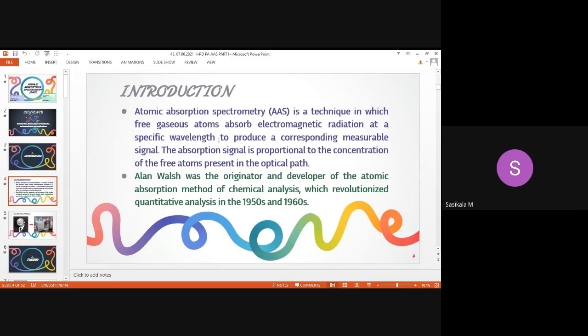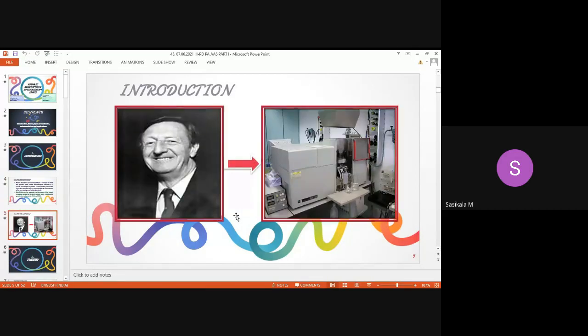If they are associated with the drug molecule, then the alkali metals or heavy metals present in the sample will be separated from the molecule by the atomic absorption spectroscopic technique, and those free atoms are analyzed. The concentration of free atoms will be directly proportional to the concentration of the molecule. So that's what we are going to analyze in atomic absorption spectroscopy.